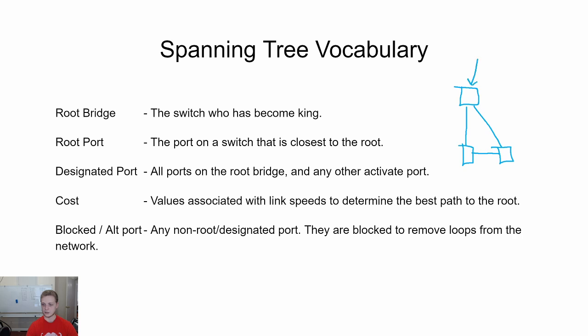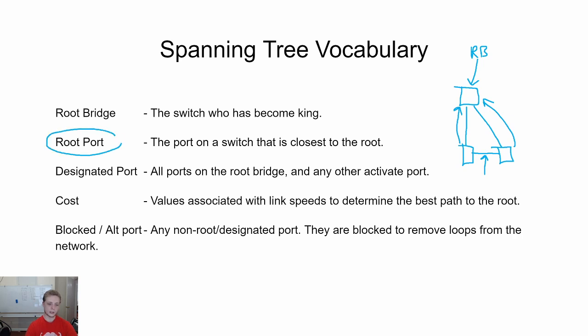If this guy is the root bridge, abbreviated RB, then in one way or another this link is going to get blocked, because our quickest path to the root bridge is these ways respectively from each switch. We really want to be able to get to the root bridge the quickest, and that's how we calculate which links we're going to disable when it comes to spanning tree.